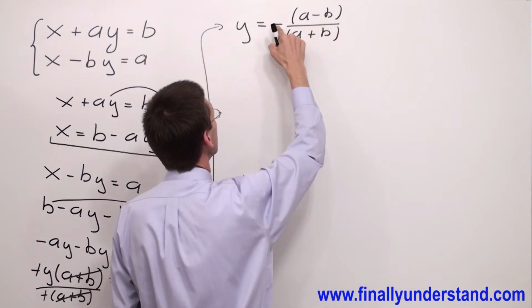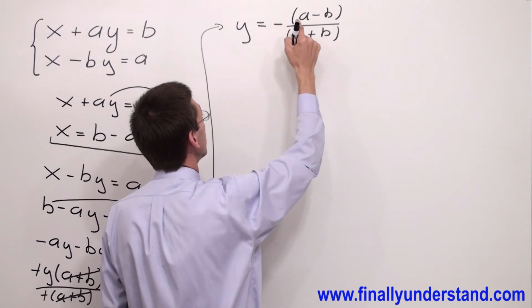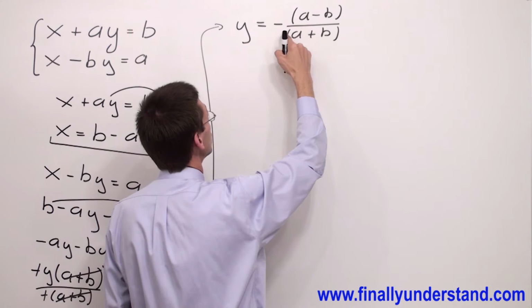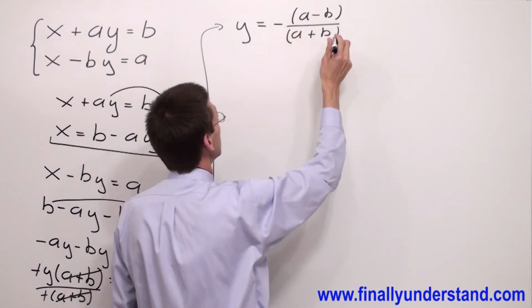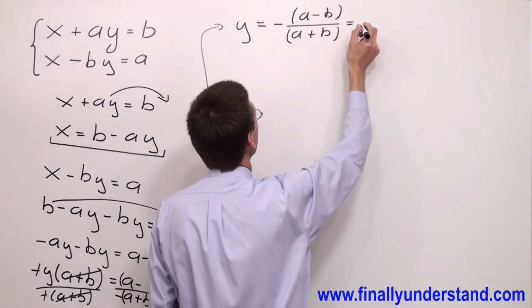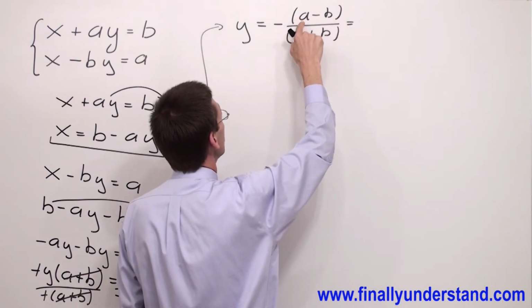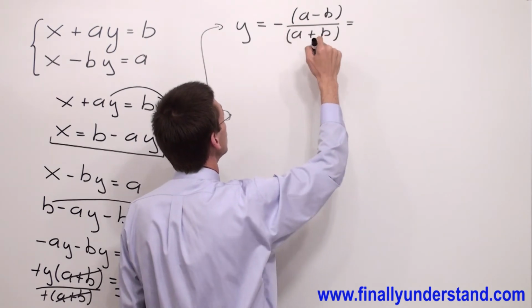In order to eliminate this negative sign, I can multiply this sign by the numerator or by the denominator. But I'm going to multiply by the numerator because I have a negative sign between a and b. So negative times invisible positive is going to give me negative, and negative times negative will give me positive.